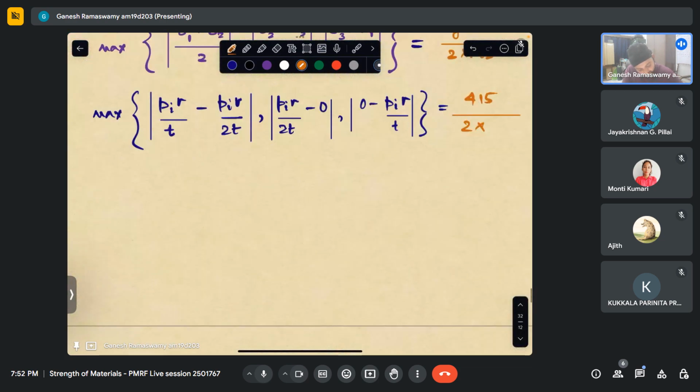It is easy to see that this would actually be the maximum of the two, sigma 1 minus sigma 2.